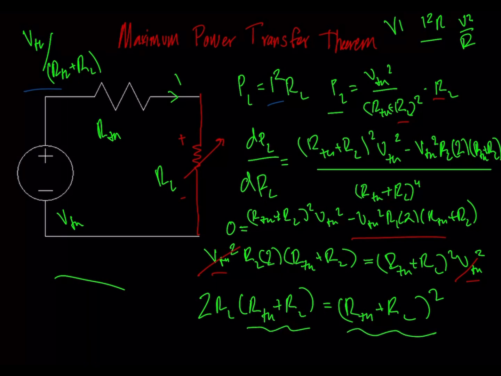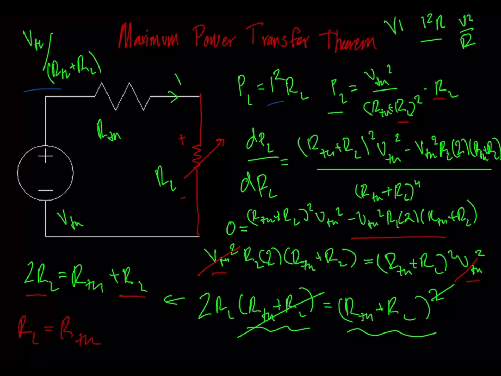Now this expression appears twice, so we can cancel this out on this side and remove 1 from the power there. So we're left with 2RL equals R Thevenin plus RL. And we can subtract RL from both sides here. So that'll leave us with RL equals R Thevenin.